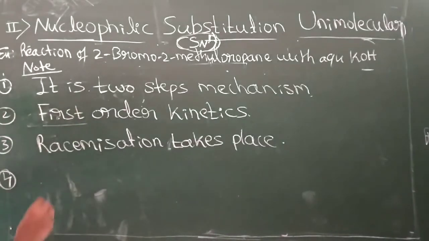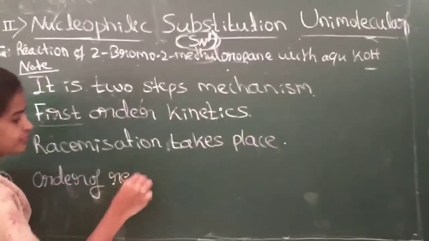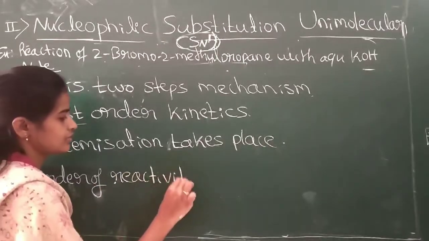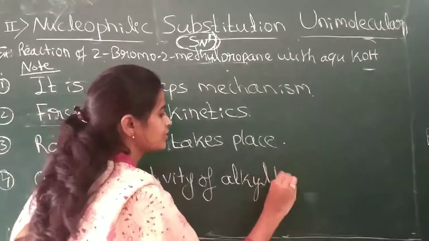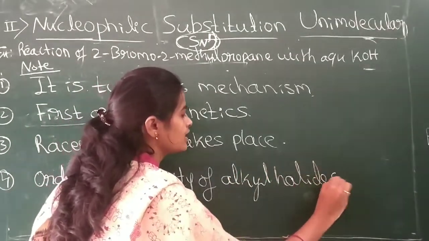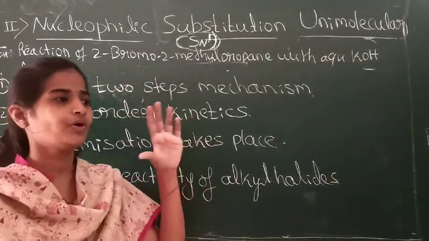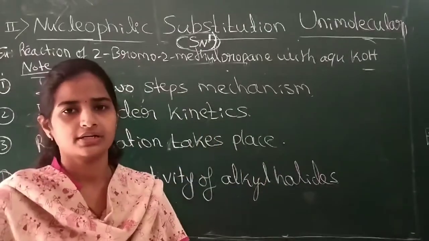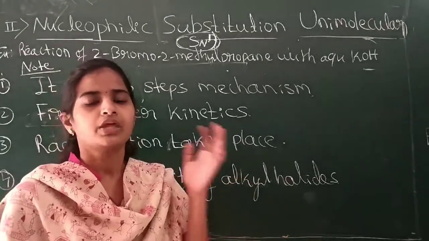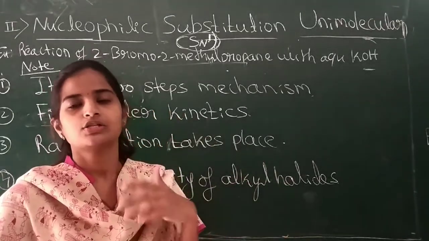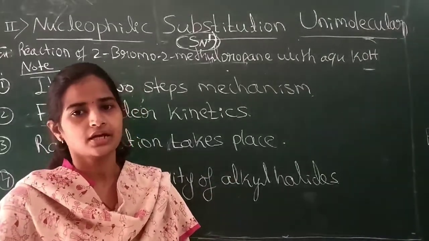Okay. Fourth one, the order of reactivity of alkyl halides. The order of reactivity depends upon the stability of the carbocation formed in the first step. In the previous video, we learned that the tertiary carbocation is more stable than the secondary carbocation, which is more stable than the primary carbocation, isn't it?